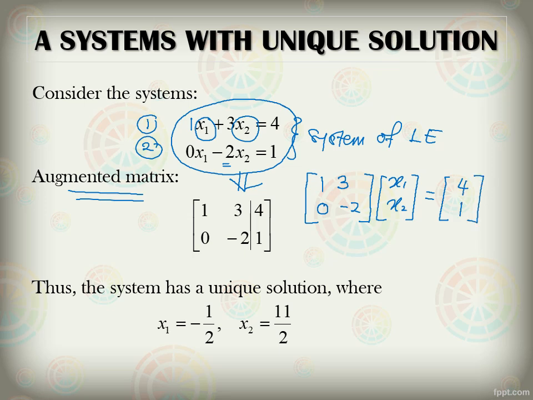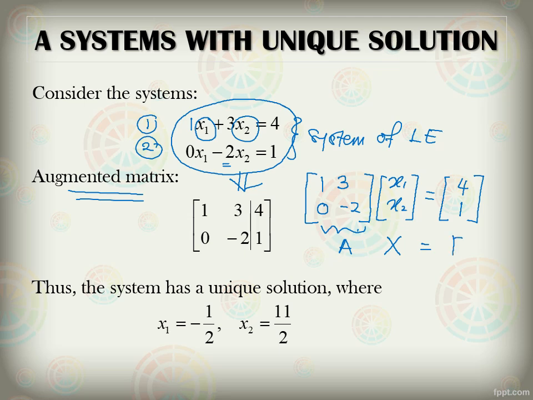Okay, you see, so this is matrix A. This is capital X to represent x1 and x2, equal to, what is this?